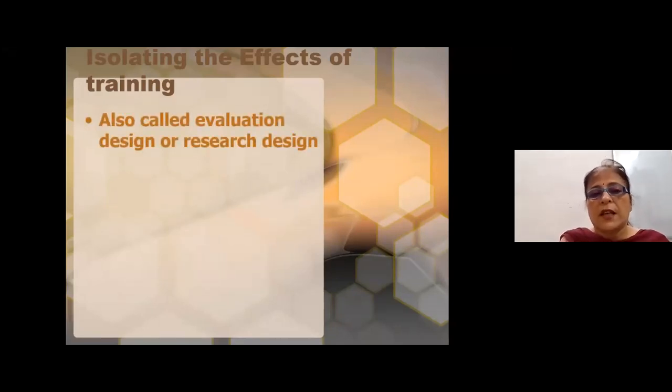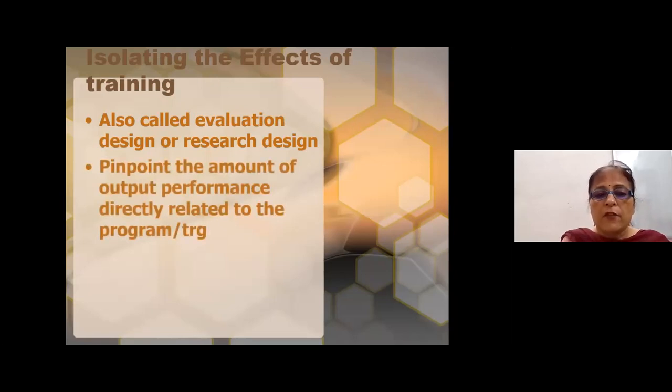The second stage is isolating the effects of training, and it is also called evaluation design or research design. In many books, you may find something called evaluation design or research design, which is actually isolating the effects of the training.